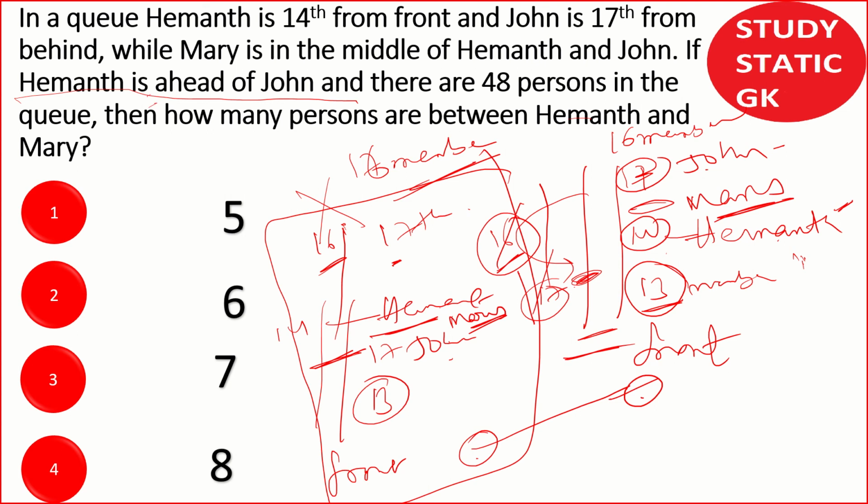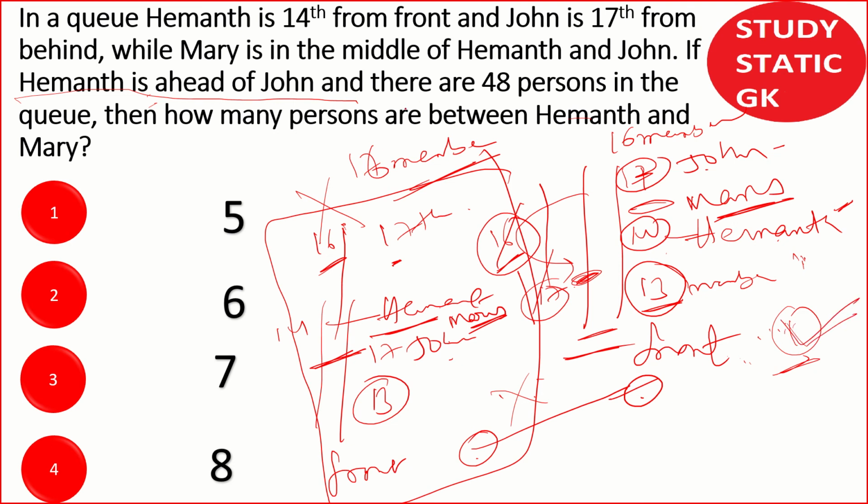But he is projecting the scenario and asking a question. If you solve with the other scenario, you will get a wrong answer. That is the reason I am explaining here. So this scenario is irrelevant because he clearly mentioned Hemant is ahead of John. This is the only possible case.